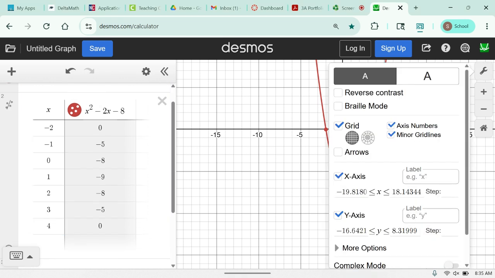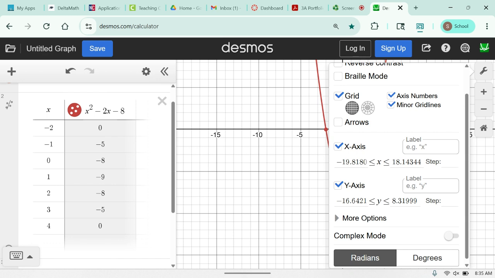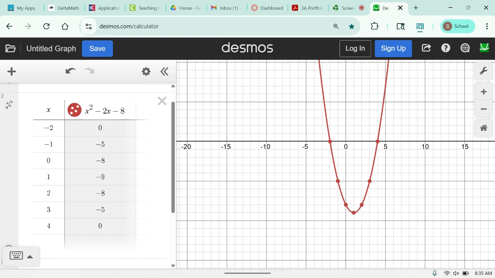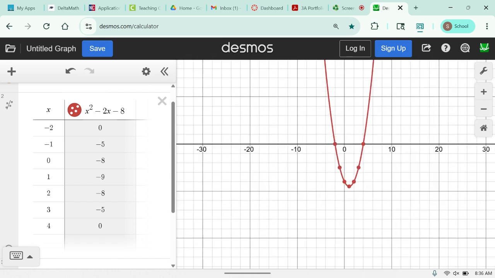Click it. Now, since we know that increasing intervals are only X values, and I don't want to get confused by the Y values, I want to take the Y axis out so I don't even see those numbers. The way you do it, you go to where it says Y axis, you see how it's checked? Well, uncheck it. And if you look, the Y axis is completely gone.